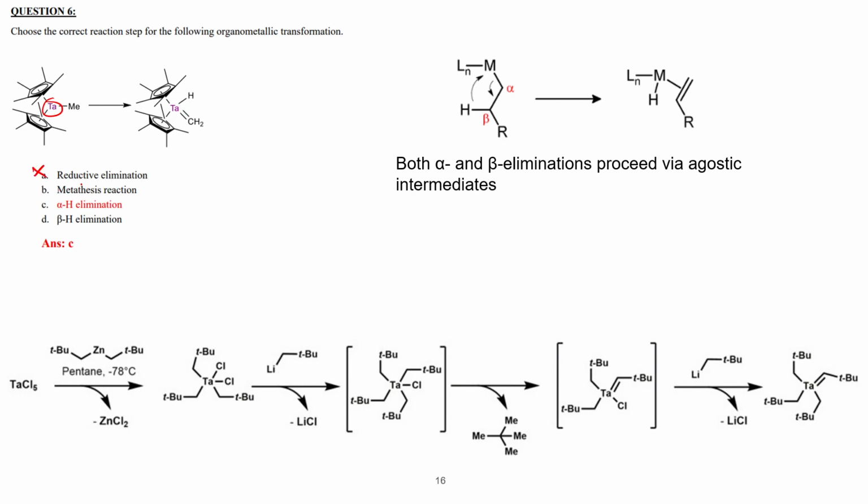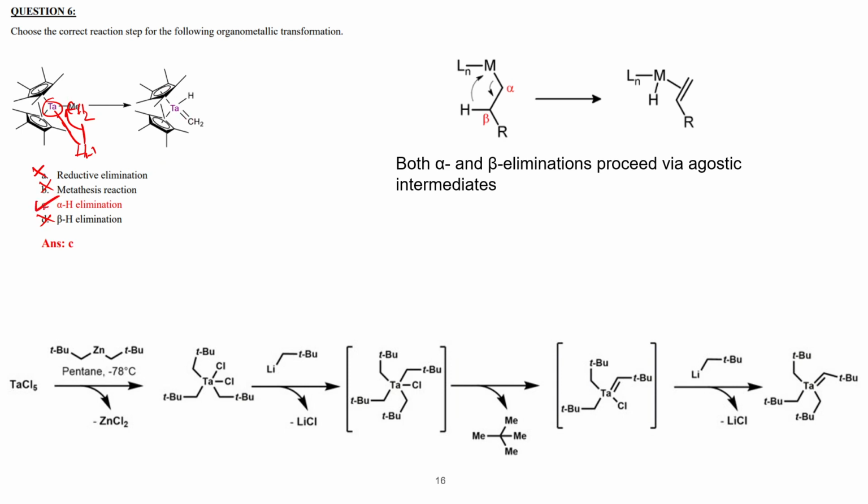So not true metathesis is also not happening. Beta elimination is not possible because there is no beta hydrogen there. The only possibility is that your alpha hydrogen is actually reacting with your metal unit, and this interaction is so strong that you end up with tantalum hydride followed by this particular bond.